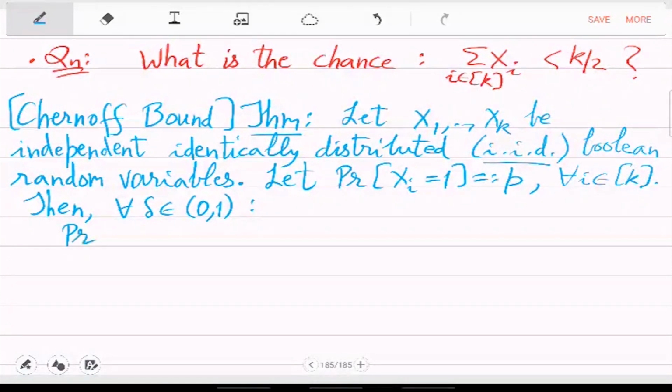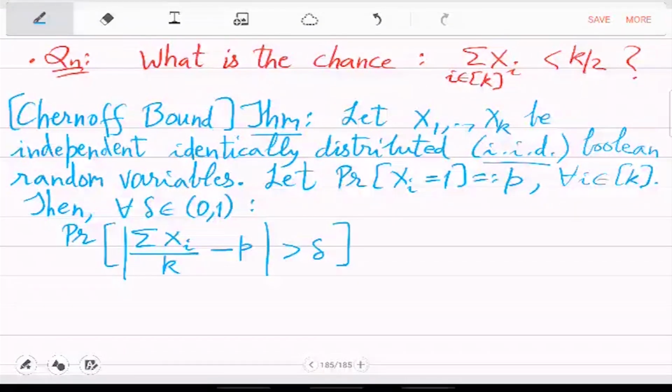the probability that this average, sum up x1 to xk and take the average, so the average is also between 0 and 1, being away from p by an amount greater than delta, this happens with a small probability.